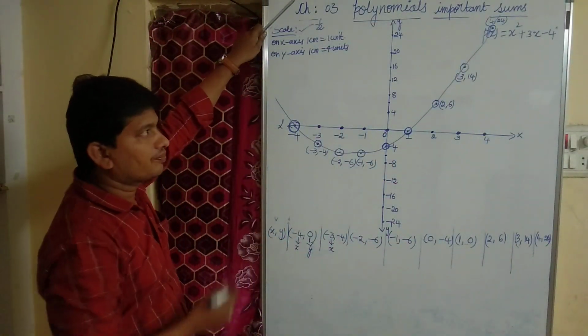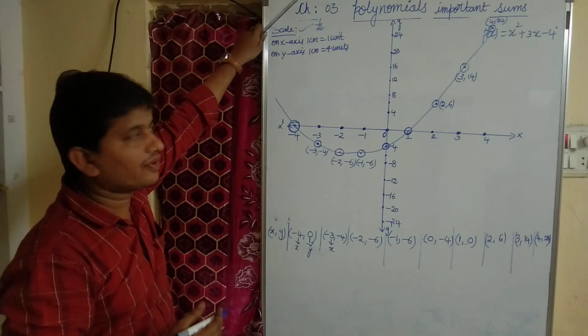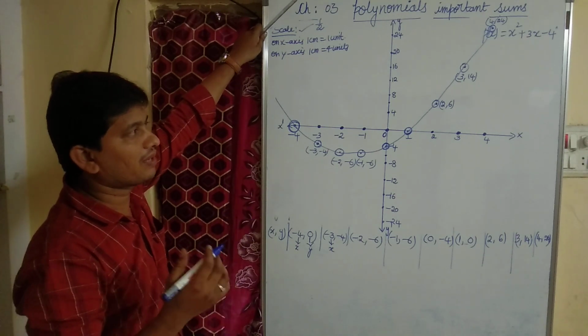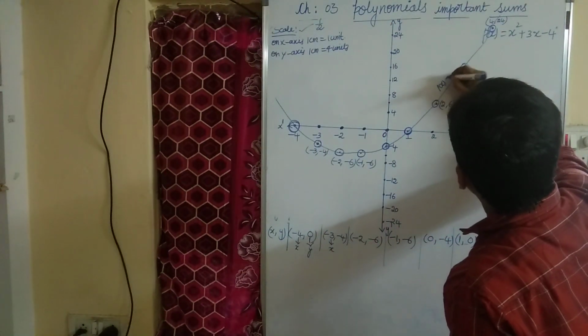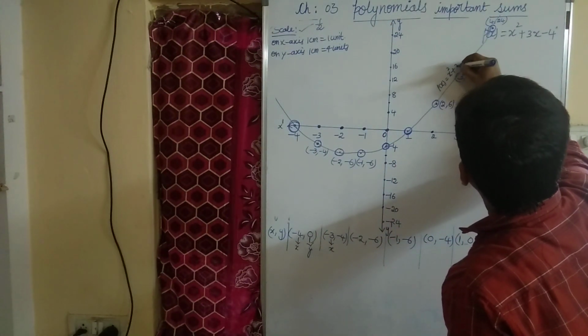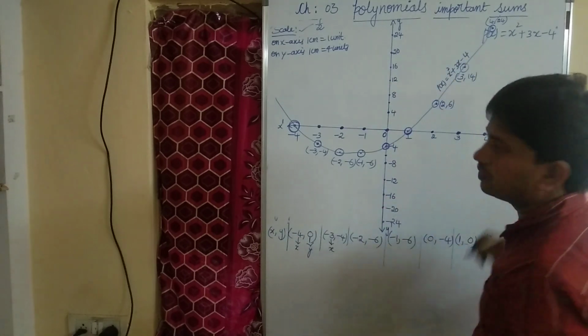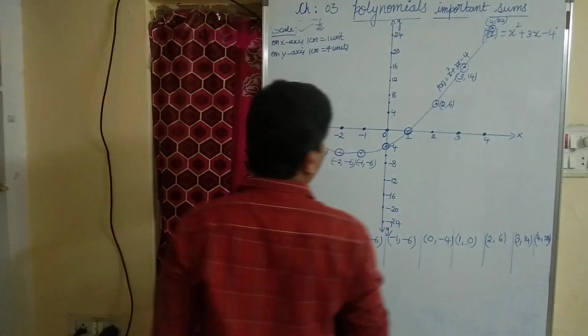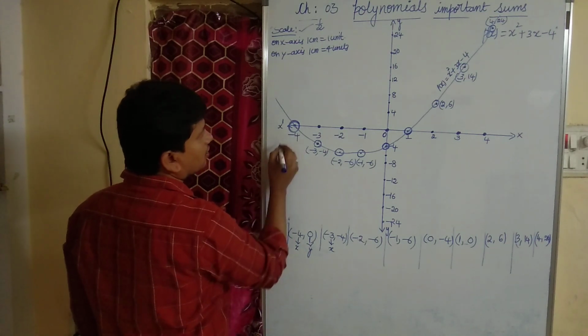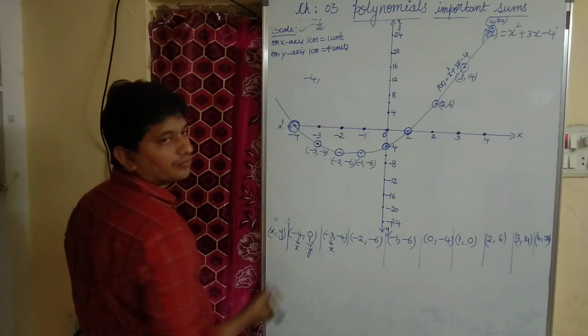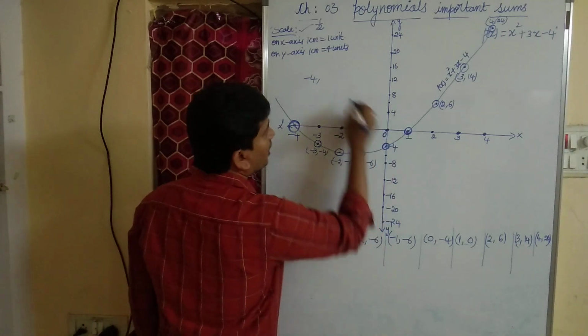If you observe the given graph, p of x equals x square plus 3x minus 4. This is our graph of the polynomial p of x equals x square plus 3x minus 4, which is intersecting the x-axis at 2 points. This is one point, that is -4, and this is the second point, that is 1.